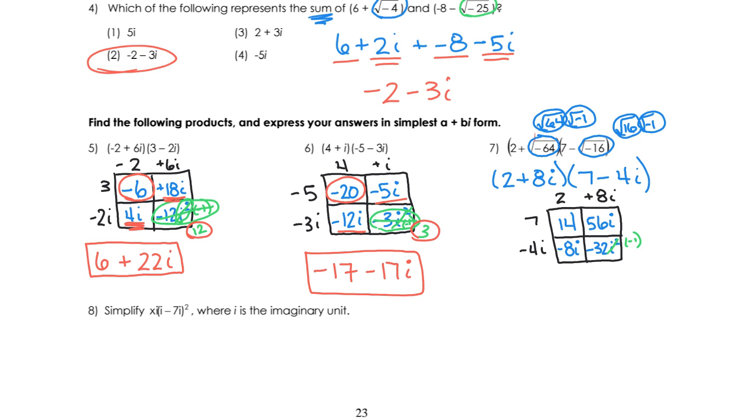And so now this box says negative 32 times negative 1, which is positive 32. Okay. And we'll grab our reals, which is 14 and 32. And when we add 14 and 32 together, we get 46. And then we have our negative 8i plus our 56i, which is positive 48i.